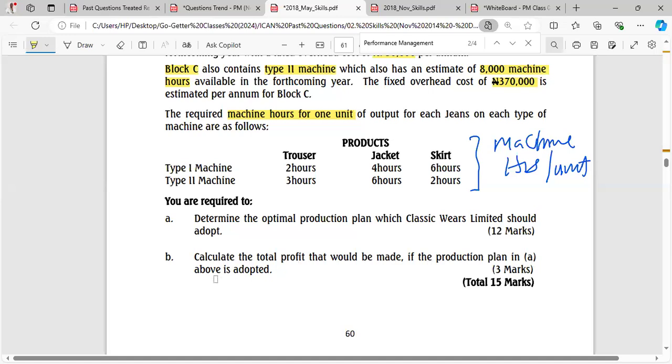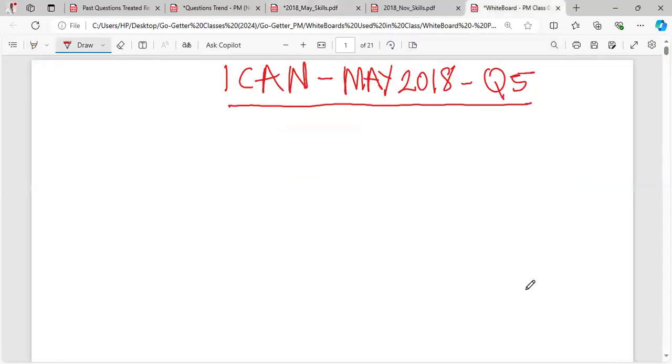Now we'll be doing the two in one, and we will indicate where is A and where is B. So the first thing we want to get is the optimal production plan which Classic Wares Limited should adopt. So we will start.